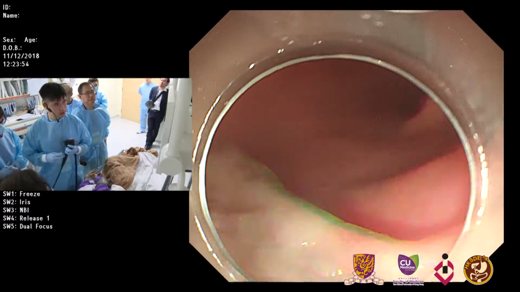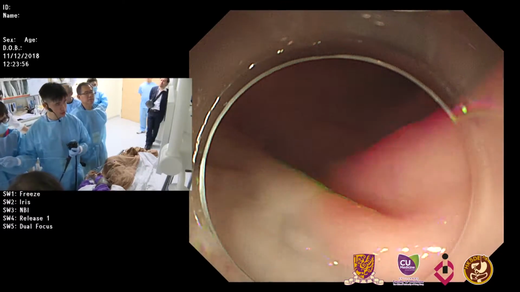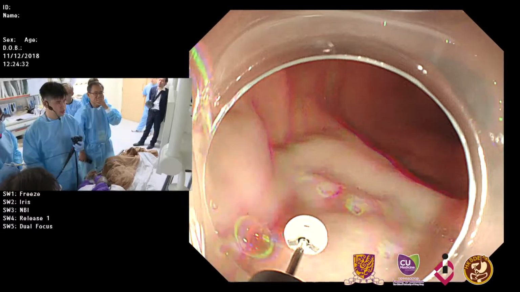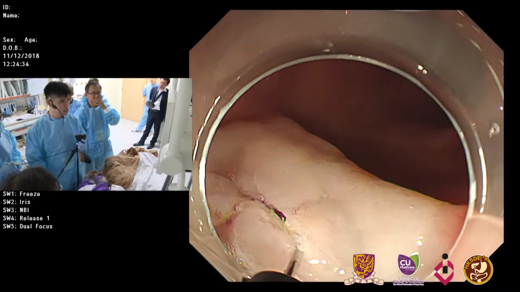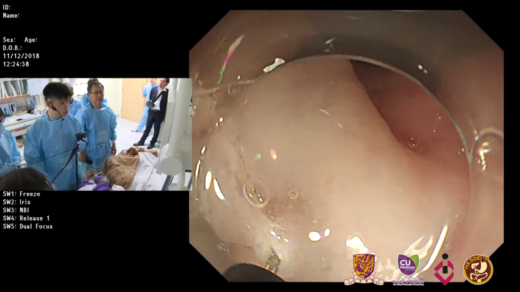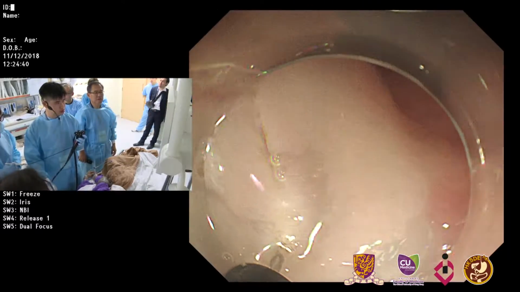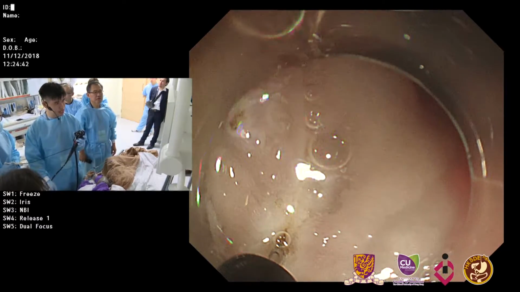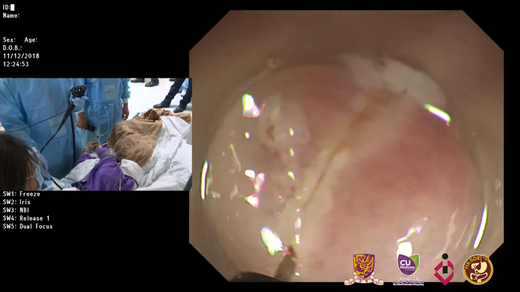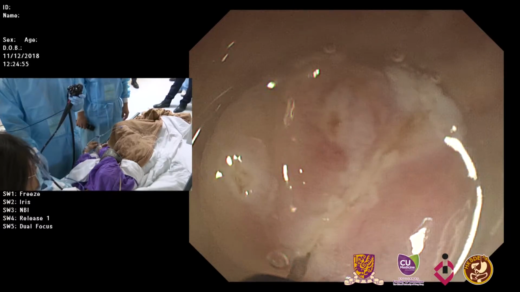Okay, IT2. Using the IT2 knife, you can always cut from distal to proximal, by a gradual dragging maneuver. So you can see how important marking is, because the marking actually helps you to see where you should be cutting next.